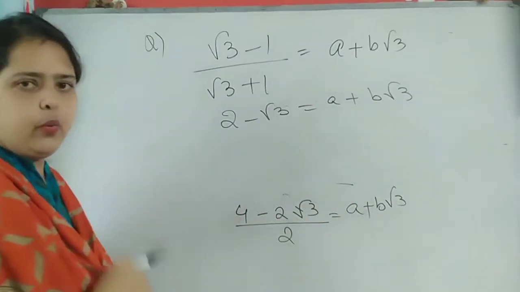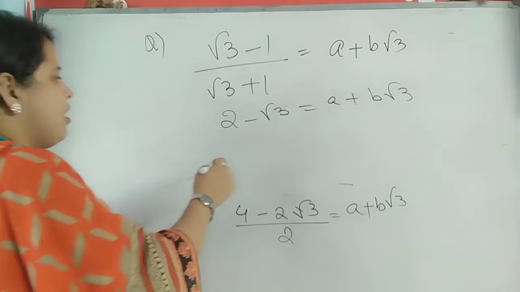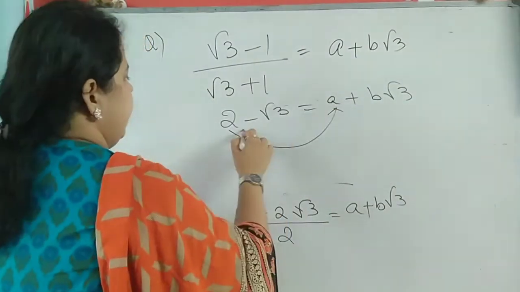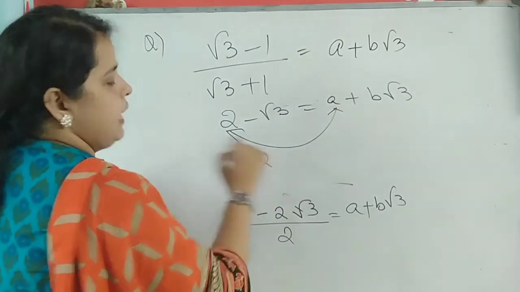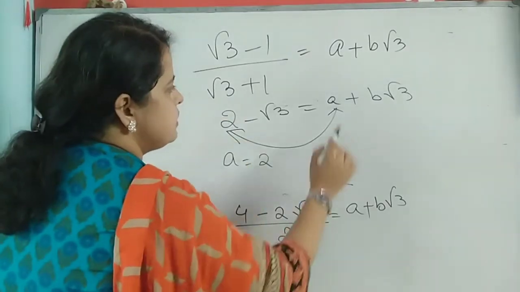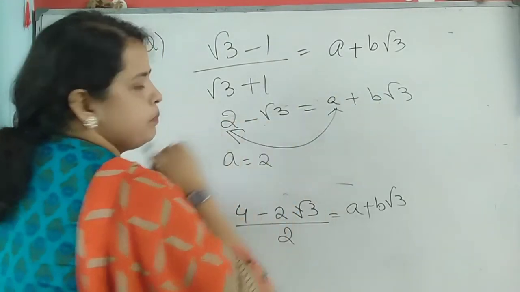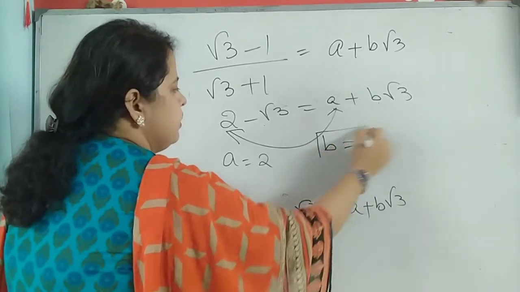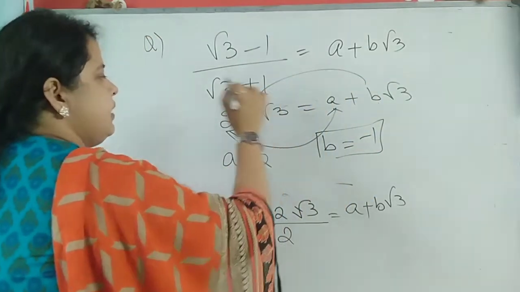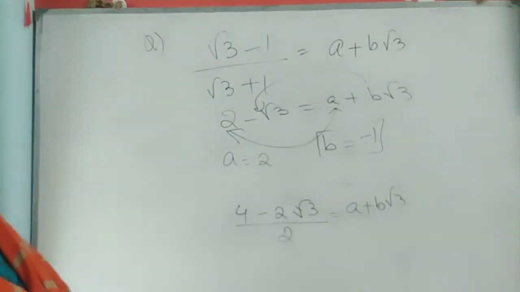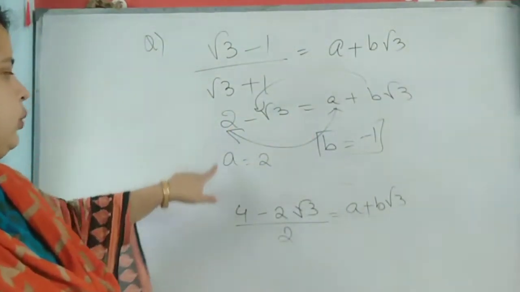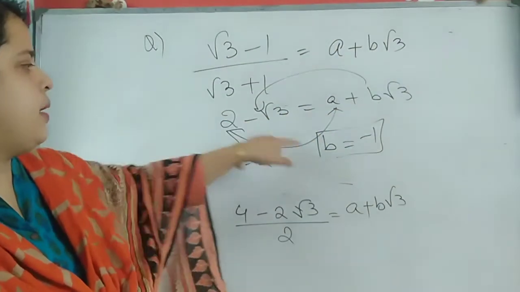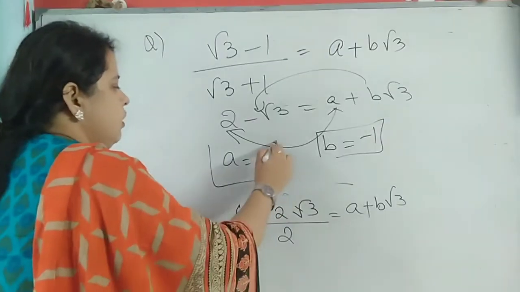Now please equate the coefficients of the constant number. A with 2, so you are getting a. And what is multiplied with root 3? Tell me. That will be b. So a is 2 and b is minus root 3.